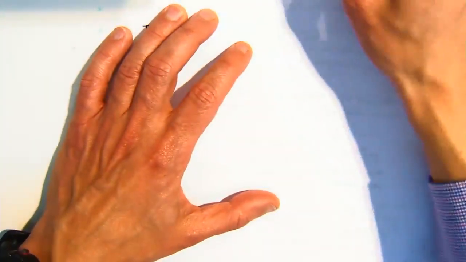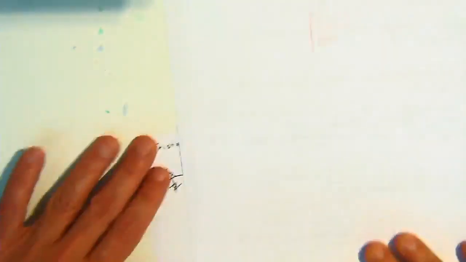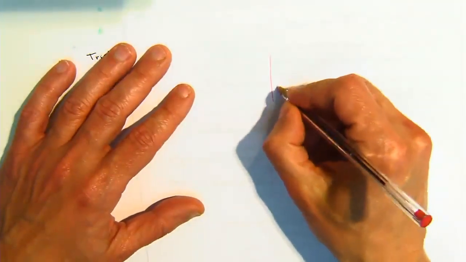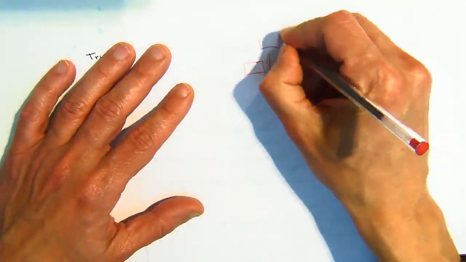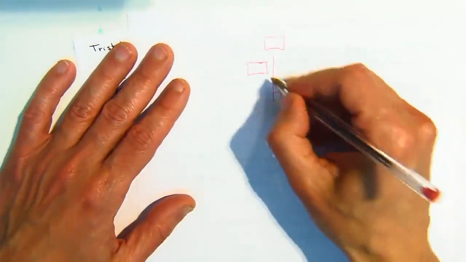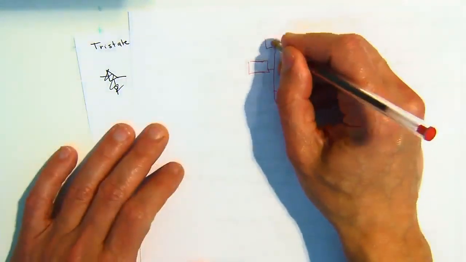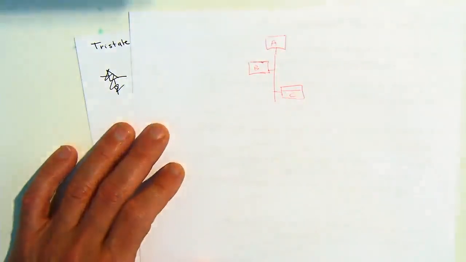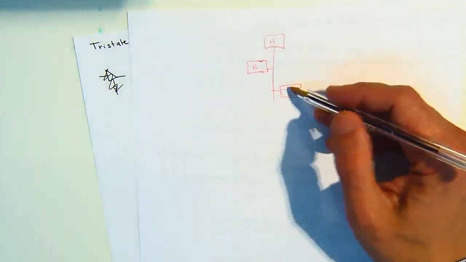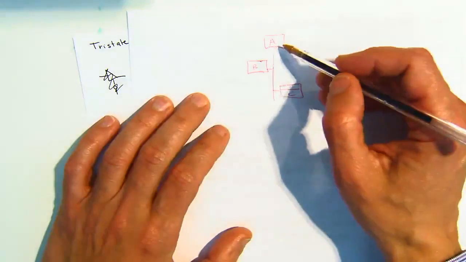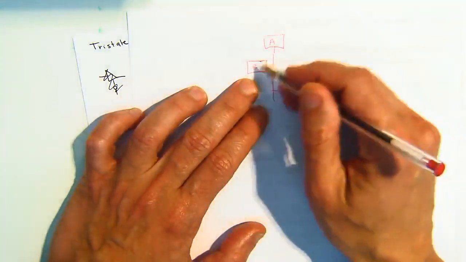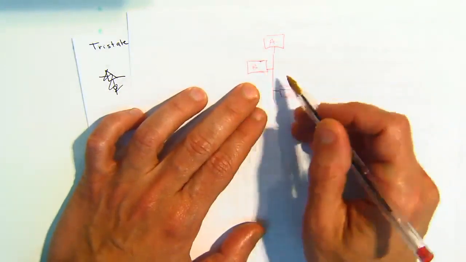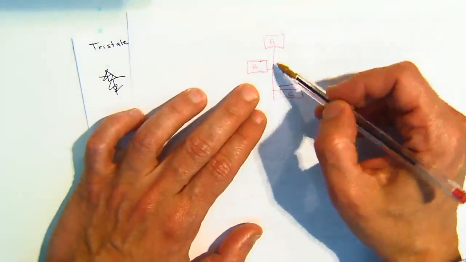Suppose you had two peripherals, and you had something here, and they're all connected, and you wanted A to talk to C. What you would do is put B into a high impedance state. You don't want B to be driving the bus, because then you have contention.